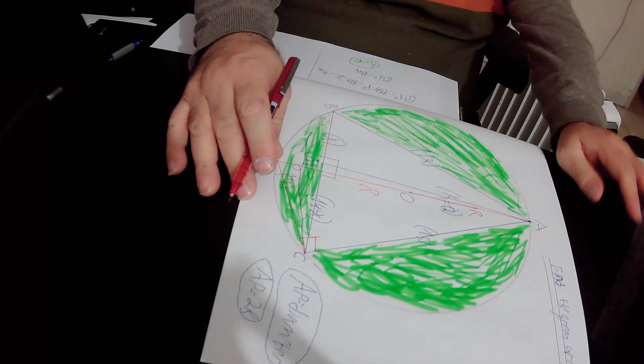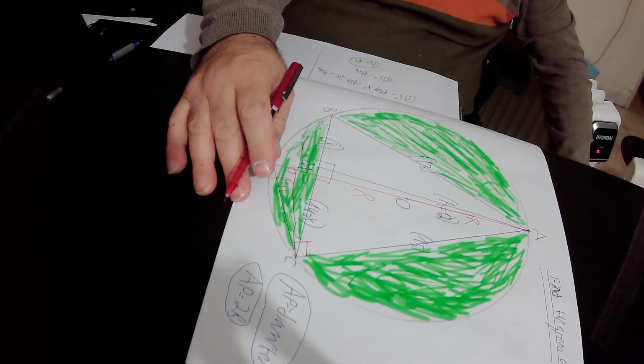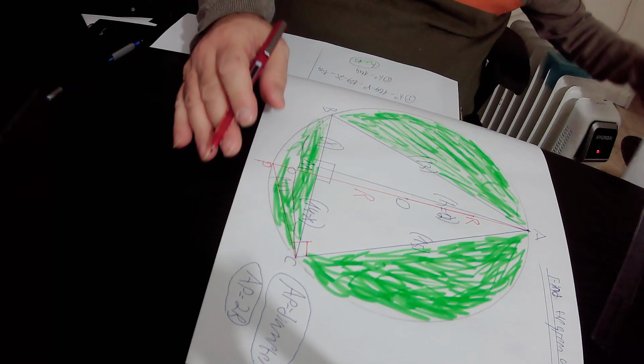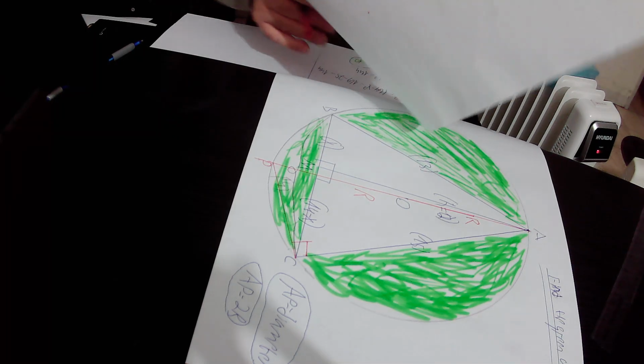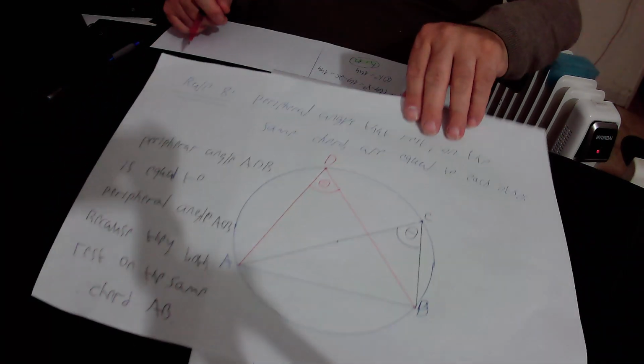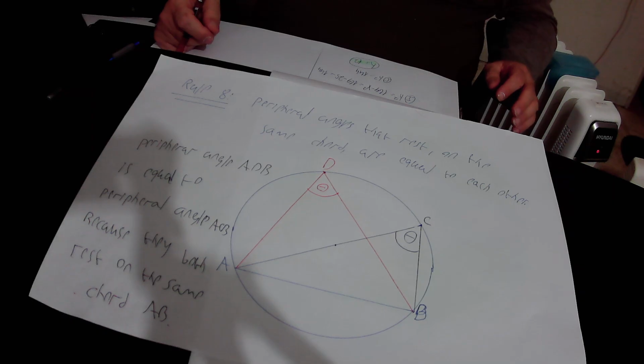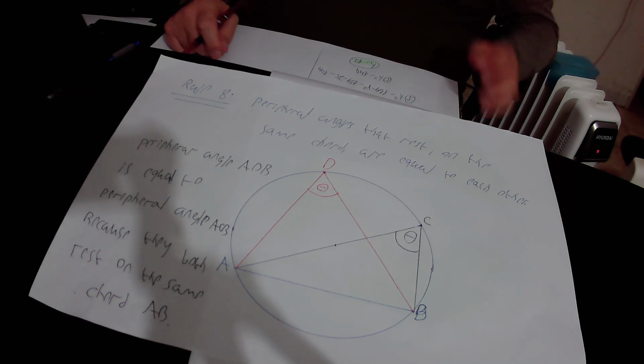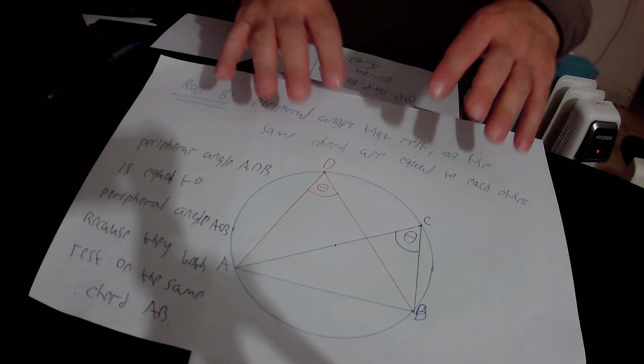In the next step, I present to you a new rule, and we'll implement the new rule in our drawing. This is actually rule number 8. According to rule number 8, peripheral angles that rest on the same chord are equal to each other. In the drawing, we have two peripheral angles.